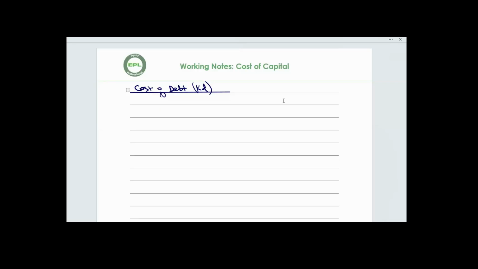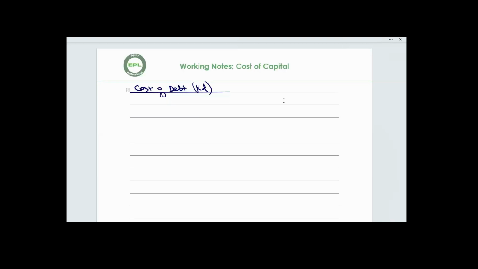The interest attached to the loan is the cost of debt, the cost of finance. When a company liquidates, the debt holders will be settled before the preference shareholders as well as the ordinary shareholders. So in the event of liquidation, the debt holders will be the first creditors to be settled.